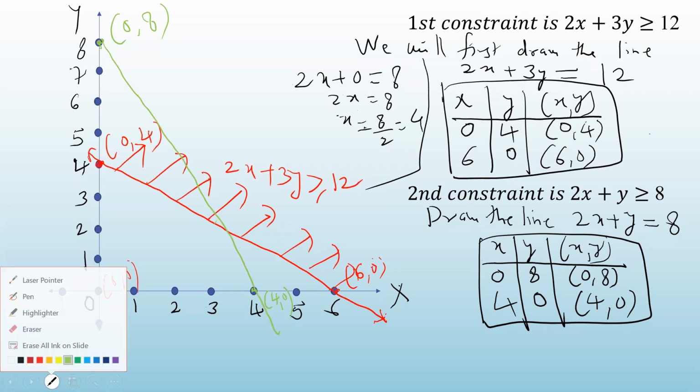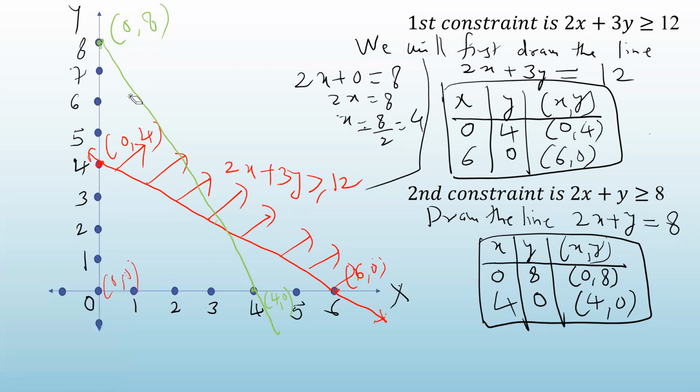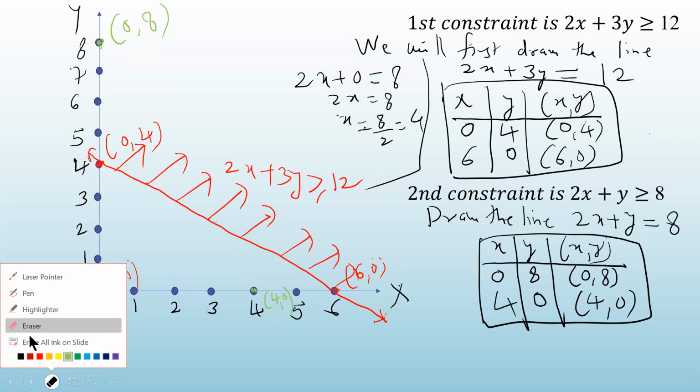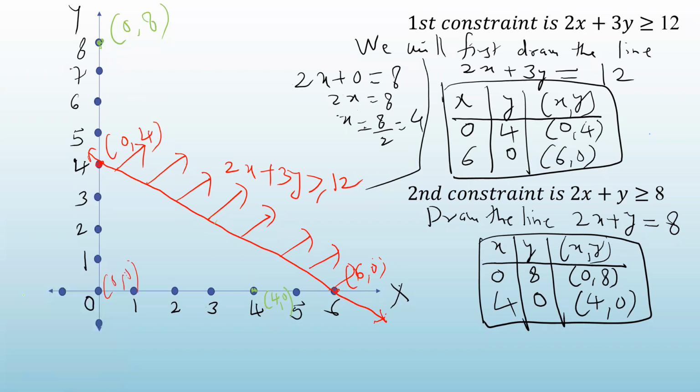Just a minute. So I have drawn this line. I have joined the points 0, 8 and 4, 0. Okay.